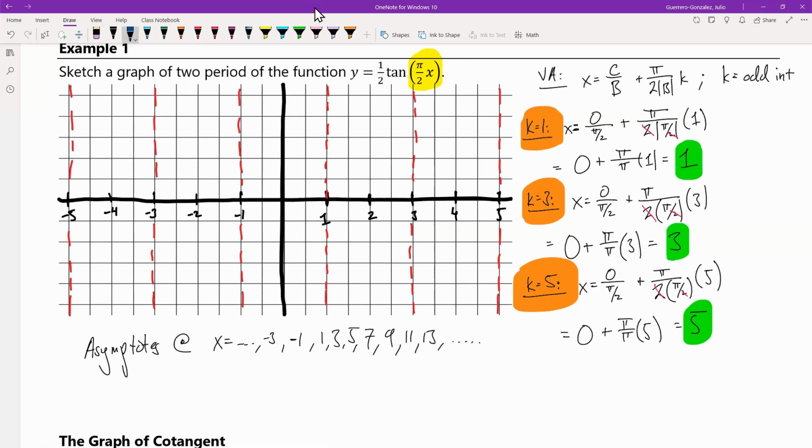Now, I know that the graph of tangent does this. There's an asymptote, and the graph of tangent should do something like a squiggle, a whoosh like this. I need to draw my swooshes just in between two of the asymptotes that are present.